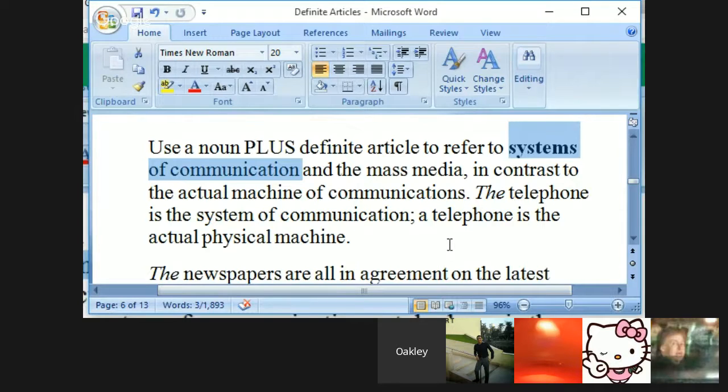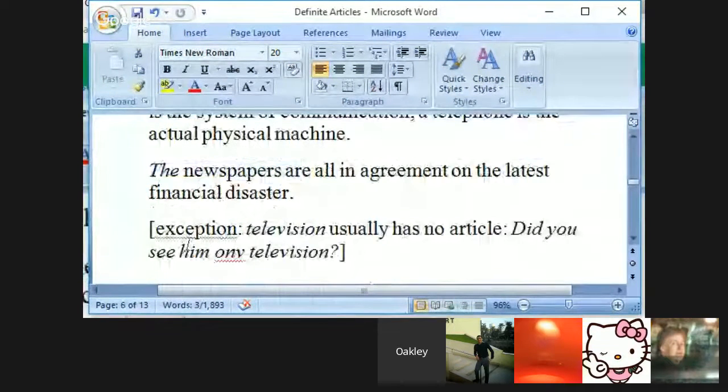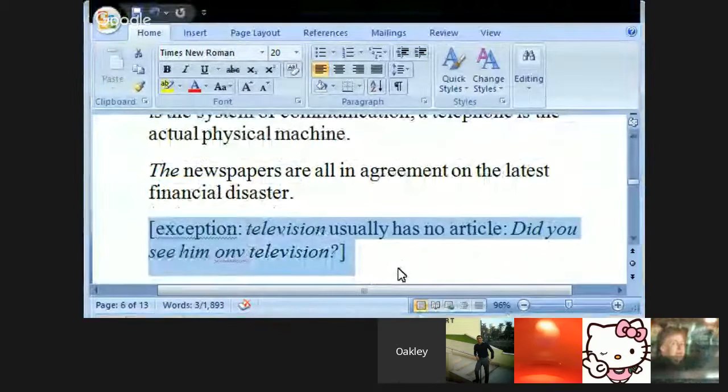Miriam, can you think of another system of communication or mass media that we may use? The TV. Ah, the TV. I was waiting for you to say that. Television, there's an exception. Nasty, nasty English grammar exceptions. Television usually has no article. I don't know why. I have no idea.